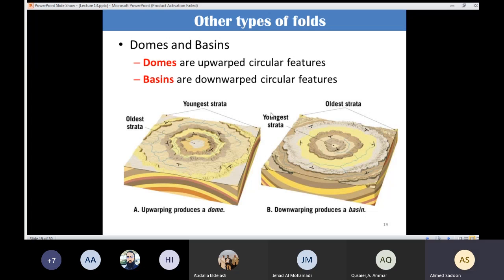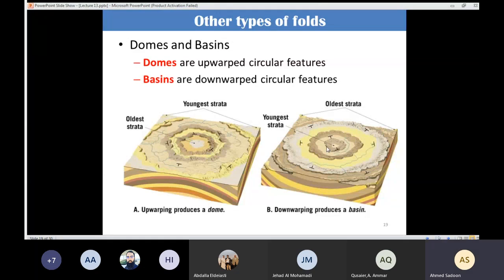Because the erosion is going to take the soil here, because this one is in a higher position, and put it there. So this one is going to be youngest, and this one is going to be oldest.